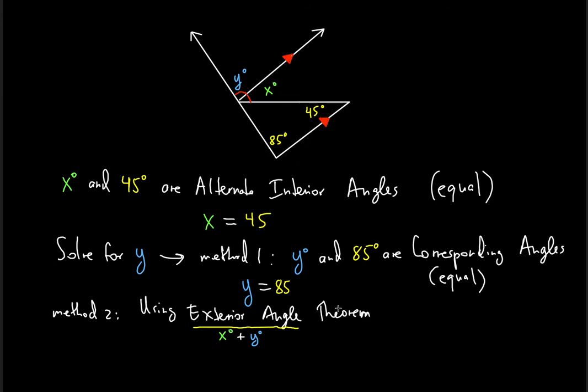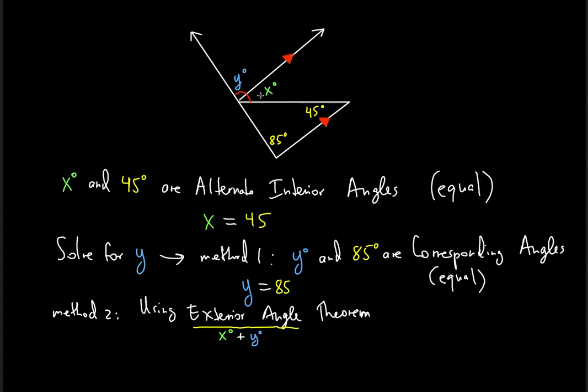The theorem says that the measure of this angle is the sum of the non-adjacent interior angles. It's called exterior because this is the triangle in question. We know that it has two interior angle measures shown here, 85 and 45, and they're interior because they're inside.